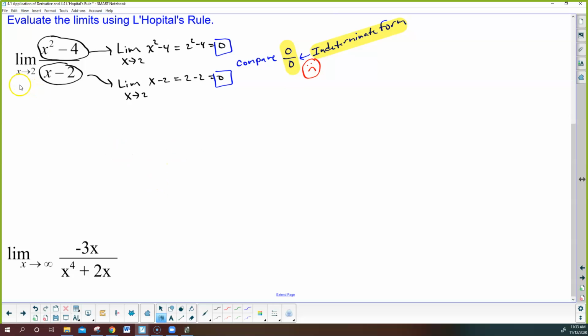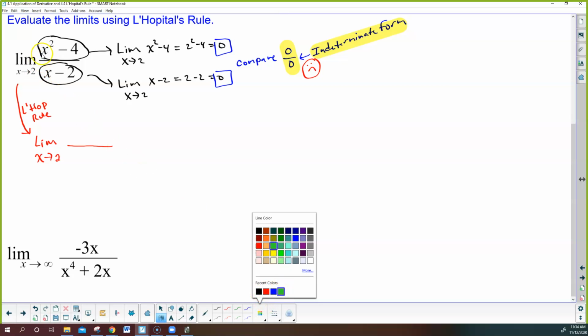So I draw an arrow from the original problem, and I'm going to apply L'Hopital's rule. Notice I indicated that I use L'Hopital's rule. You don't have to write the words L'Hopital's if you have the 0 over 0, because that's our sign. If you see the indeterminate form, apply L'Hopital's rule. What is L'Hopital's rule? It says take the derivative of the top over the derivative of the bottom.